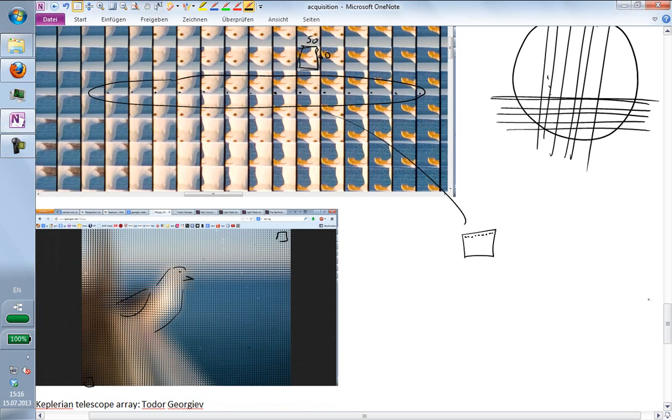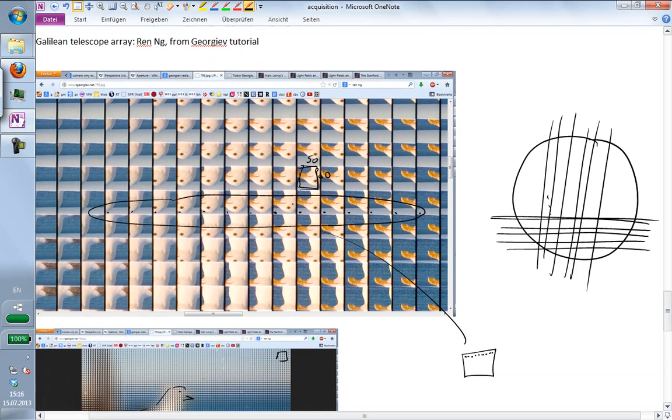And similarly, by picking, for example, the center pixel in each of these patches, I could create a virtual observer that looks through the center of my lens.